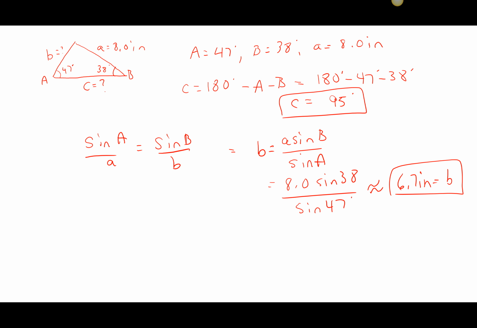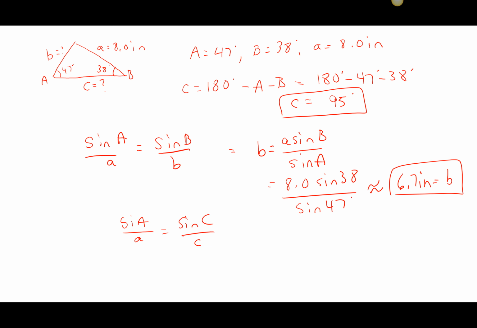So now we have A, we have B, and we have big C. Now we need to find little c. To find it, again using the law of sines, sine A over little a equals sine C over little c.